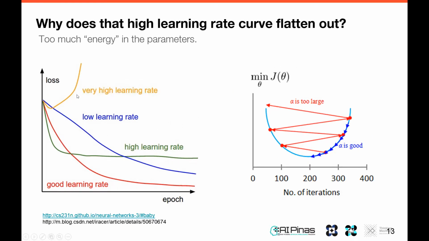So let's look closely at this very high learning rate problem and get a sense of why that's a problem. Remember that the learning rate is the size of the step down you take. If A is a good size, then it'll take small steps towards convergence.